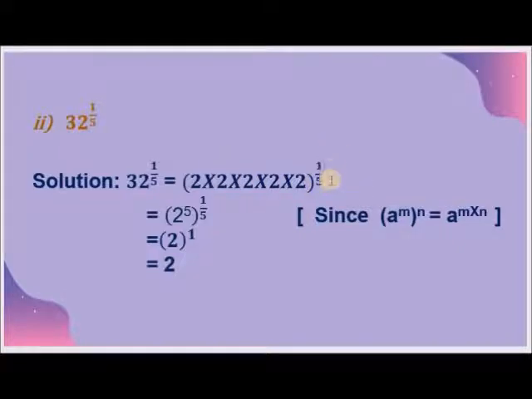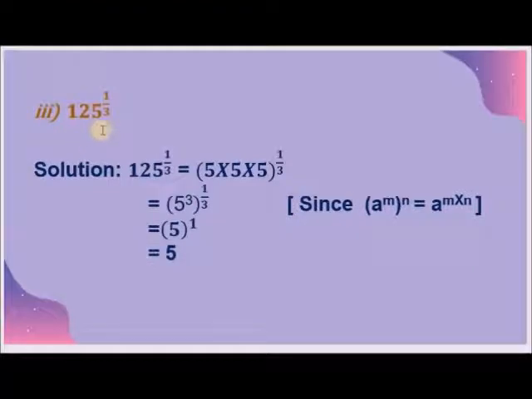Right, to the whole power 1 by 5. Then 2 raised to the power 5 to the whole power 1 by 5. Then if we again use the law a raised to the power m to the whole power n is equals to a raised to the power m into n, this 5 and this 5 will cancel. Then what is left? 2 raised to the power 1 is left, which is equals to 2.